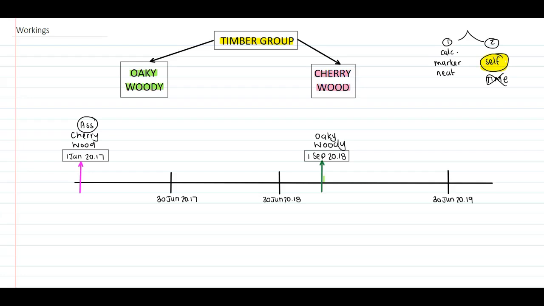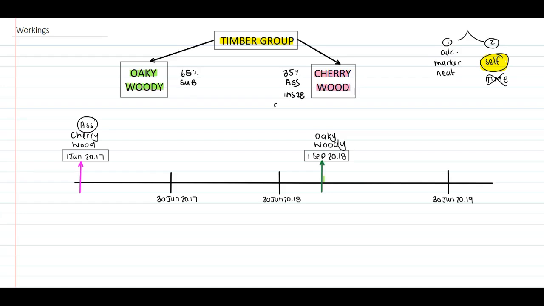your marker understands. Right. Now, when you look at this, we have Timber Group, which is our parent, that has 65% in a subsidiary called Oaky Woody and 35% in an associate, Cherry Wood. We need to apply IAS 28.